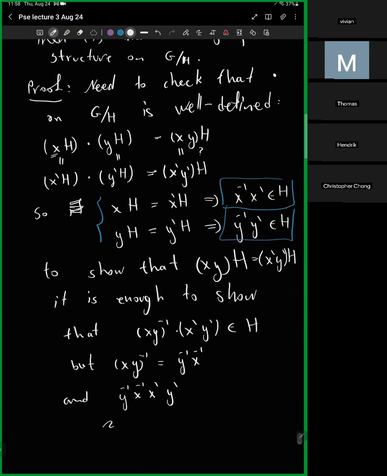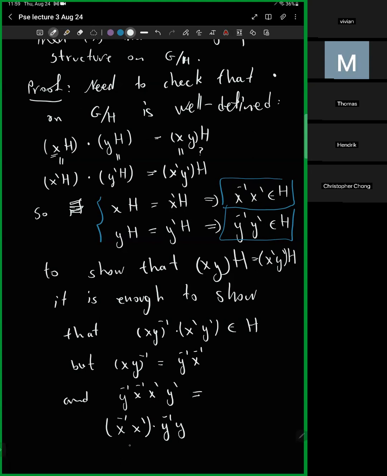I can order all these symbols in whatever order I choose. So I choose x^(-1)x' times y^(-1)y'.